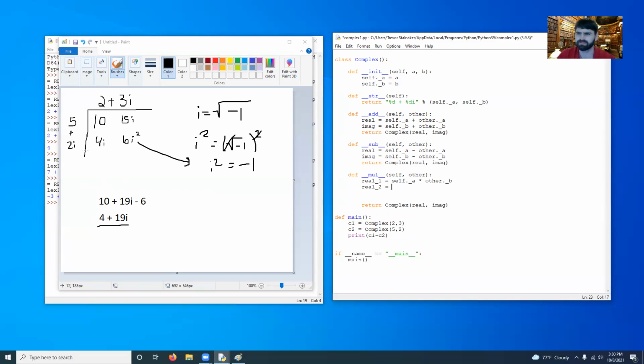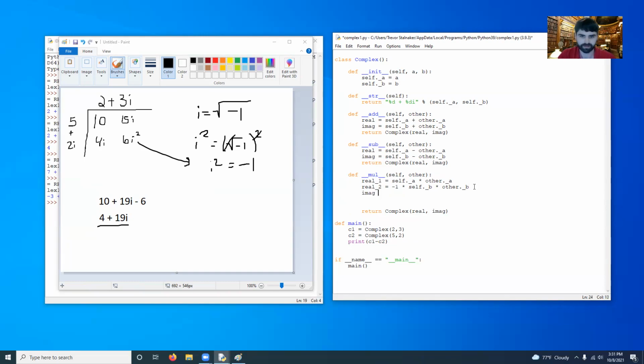And you're thinking, well, how is that real? Well, when you get both the i's multiplied, you get -1, so the i's fall out. So it becomes real. So that's going to be -1, because that's i squared, times self.b times other.b. Well, this should say a. So both the real parts, the imaginary parts.